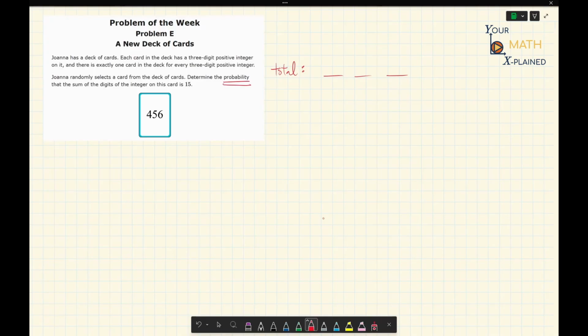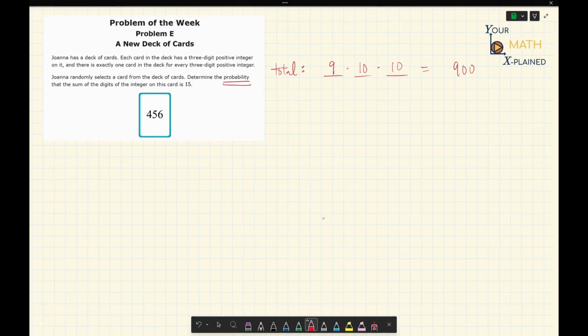If a number starts with a 0, that's no good because then it's not a 3-digit positive integer. So I can't actually start with a 0, which means I have 9 different options to choose from, the numbers 1 to 9, and then I can choose from the 10 digits for the second character and the third character. So using the fundamental counting principle again, this is going to be 900 total possibilities.